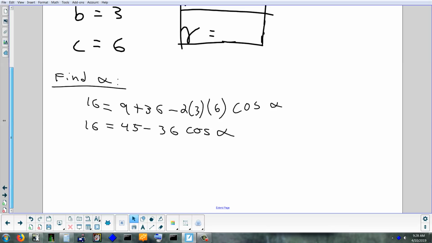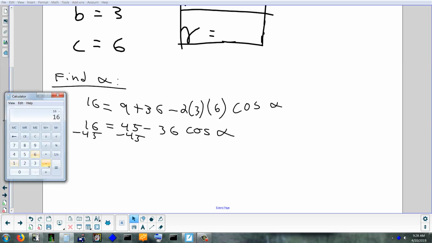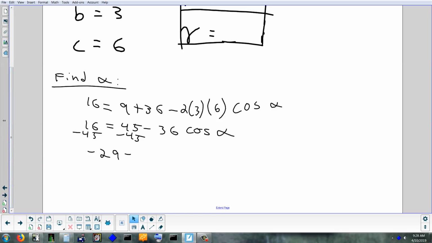And now, since we did some of those steps as we went, we've already condensed the problem down pretty small. There are 3 steps left to get alpha by itself. If you can do all 3 at once, go for it. If you need to do one at a time, that's okay too. But what would my next step be here? Subtracting 45. So that's going to give me, let's see, 16 minus 45 is negative 29.